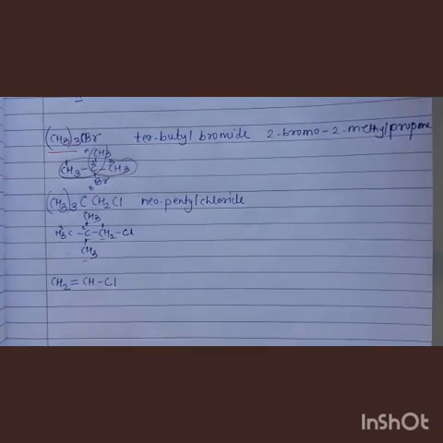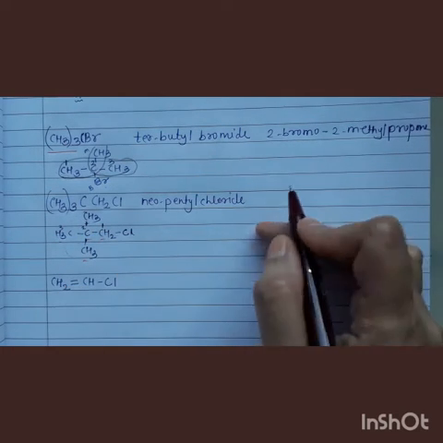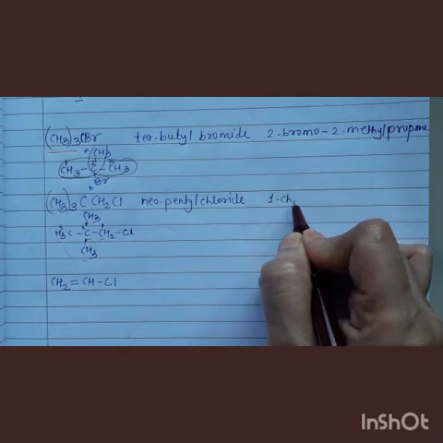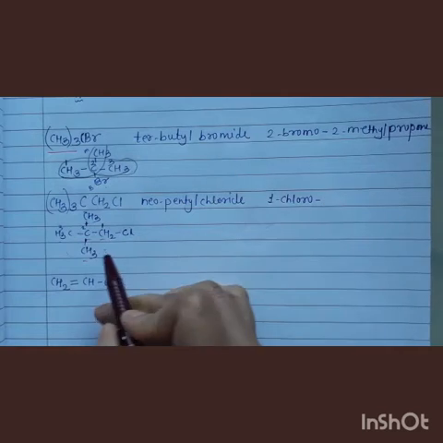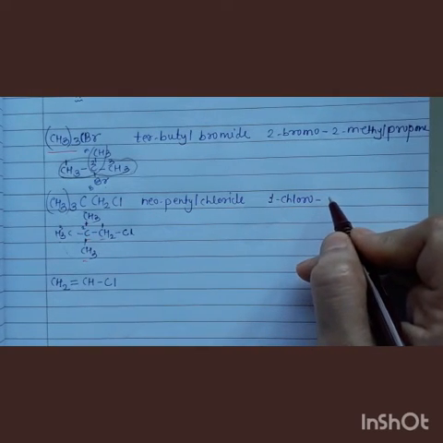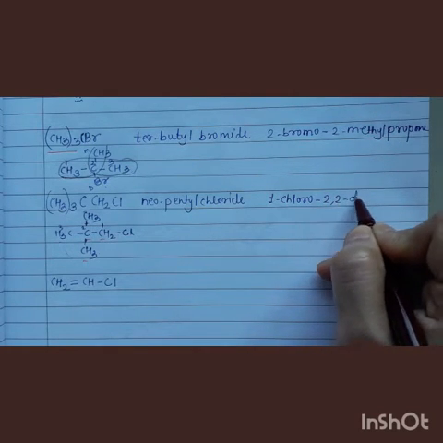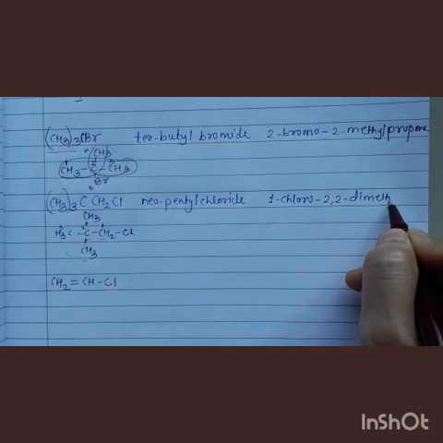Only one chlorine is there and it is present at the first position, so 1-chloro. Then on the second position 2 methyl groups are there, so what will we write? 2,2-dimethyl, because 2 methyl groups are there.